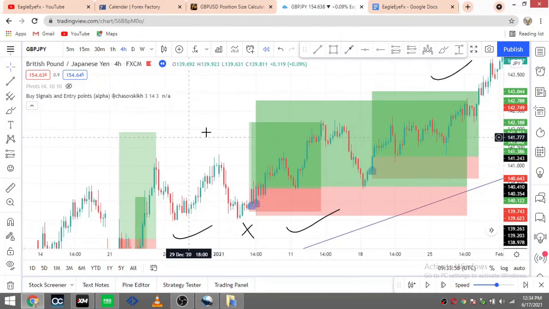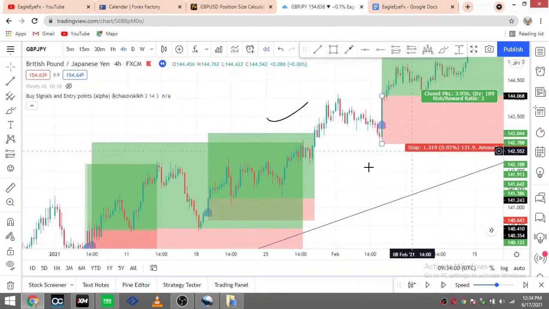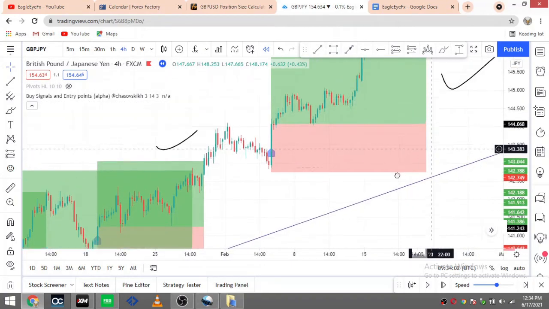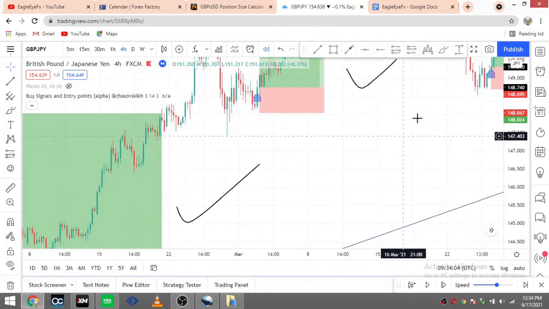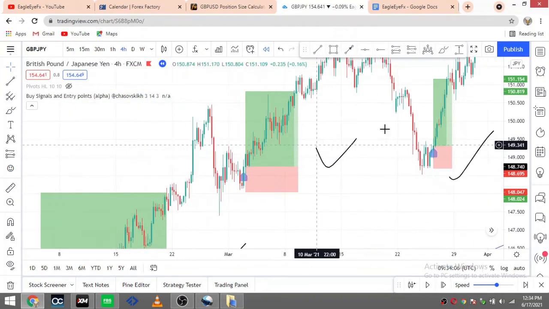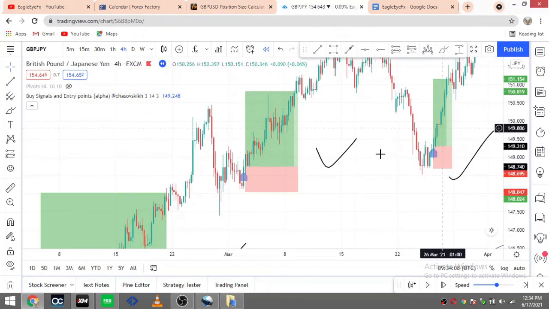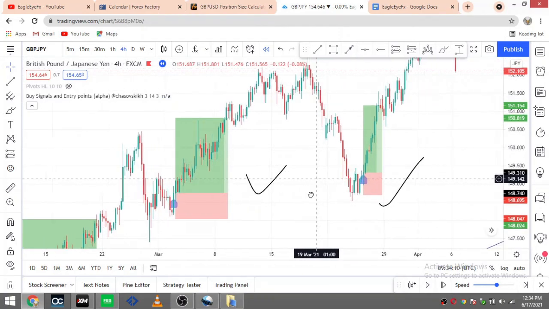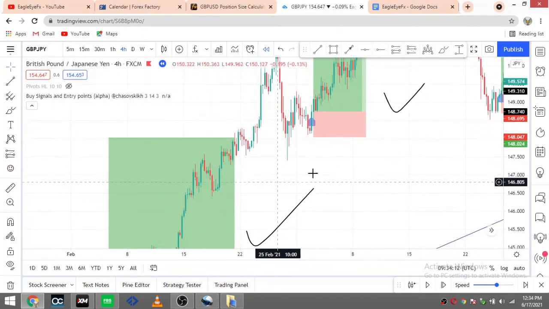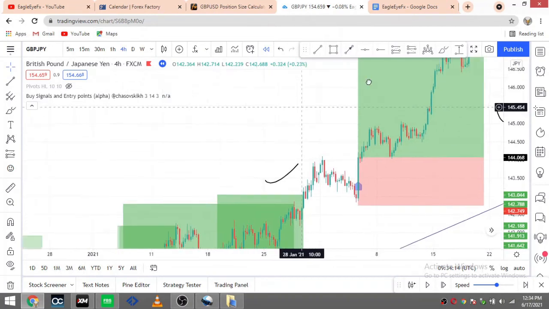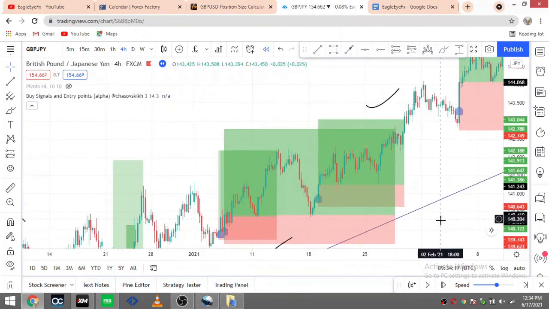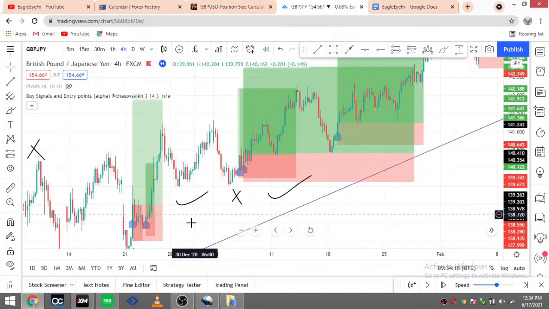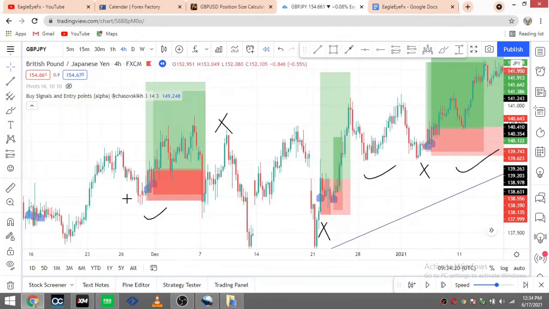I went to backtest like 10 of them to see how efficient this indicator is and how helpful it is. So how many did we win? We won 1, 2, 3, 4, 5, 6, and 7. So we won 7 and we lost 3.